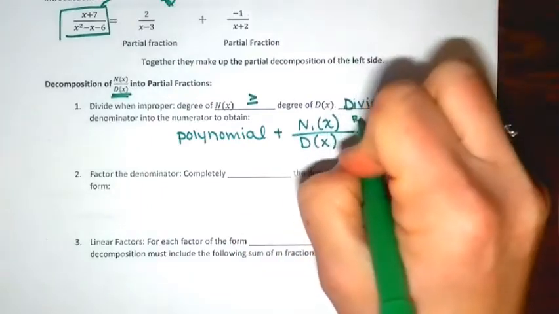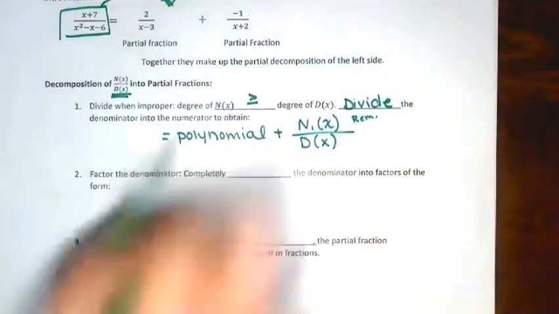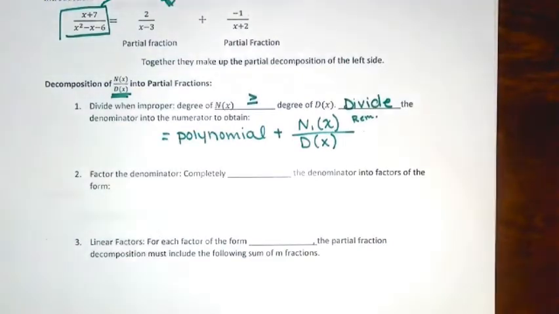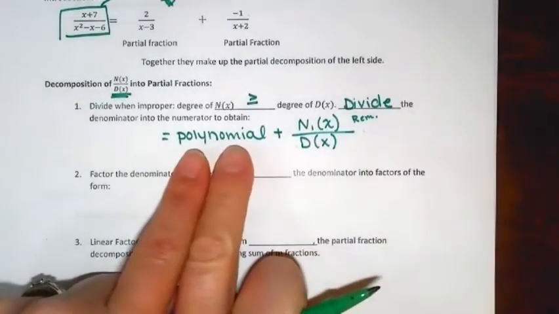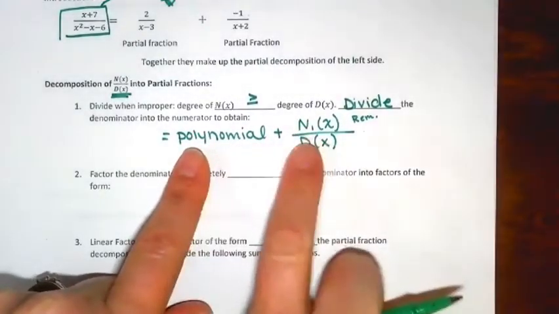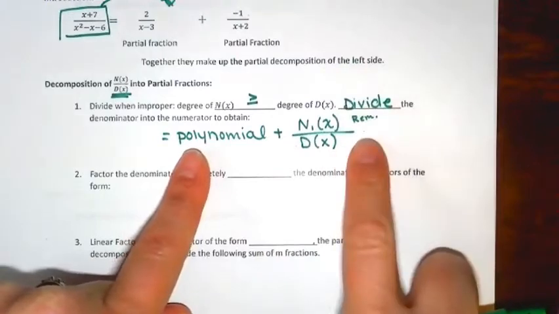So this is my remainder. So this is like doing our long division. Do you guys remember doing the long division? All right, so one of my partial fractions would be whatever the dividing is plus the remainder over d of x.